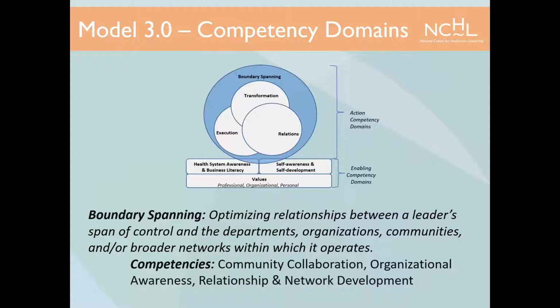So one's ability to understand who are the key stakeholders within their healthcare sector and who are the people that they should know and be reaching out to and making collaborations with to improve their overall reach as a leader. And so boundary spanning is basically our collaborative domain that involves moving beyond the context of one's work and into other areas of either the organization or even other healthcare systems. Does that clarify the original question, hopefully? If not, we can just chat me and I'll try to explain it better here or offline.